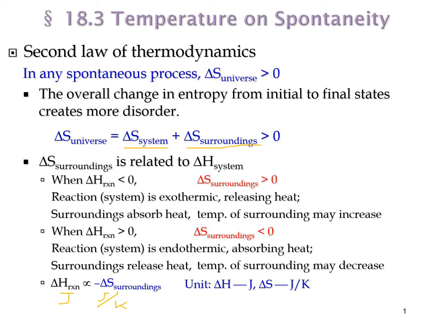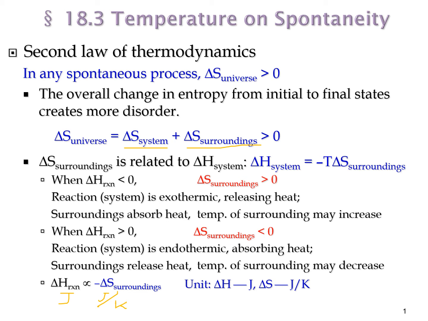What function should we add to one side of the equation so that both sides have the same unit, for example, joule? And you may see it, we can multiply negative delta S of surroundings by temperature, because temperature has the unit of Kelvin.